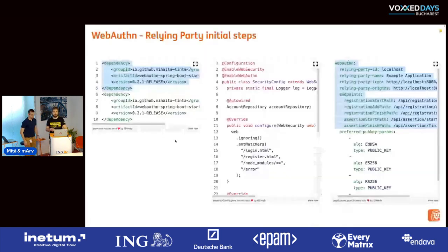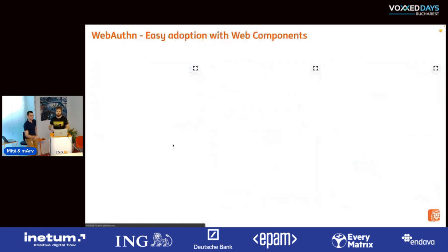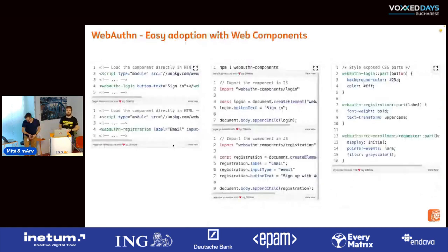Yep. Thank you, Mitsa. So we've seen how easy it is to add web authentication to our Spring Boot application. It's just as easy to add it to your front-end side. As Mitsa showed you, there are some unstyled out-of-the-box components that work with the Spring Boot starter endpoints, but they are also specification compliant, so you'll be able to use them in each of the flows we've shown thus far.